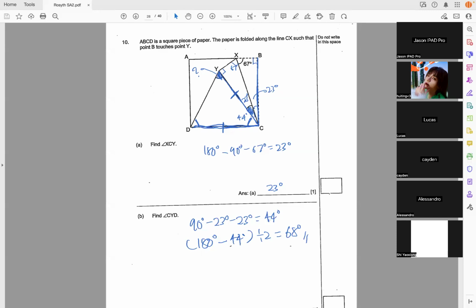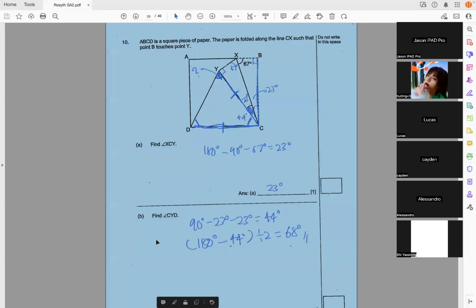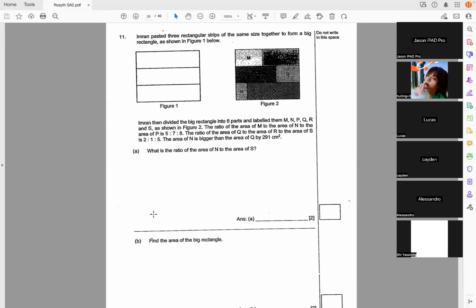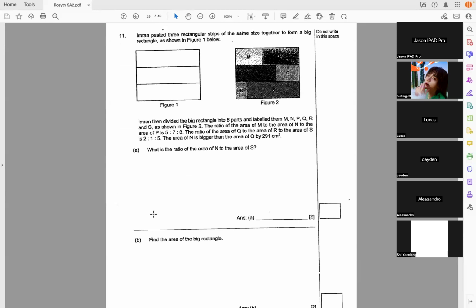Question number 11. Imran pasted 3 rectangular strips of the same size, take note, so equal, that's identical, to form a big rectangle as shown in the figure below.